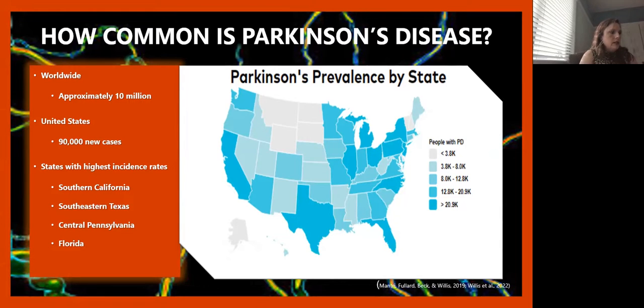Parkinson's disease incidence is higher in males compared to females of all ages. The rates are also higher in what's called the Rust Belt, which includes Southern California, southeastern Texas, central Pennsylvania, and Florida, where a lot of the heavy industrial manufacturing has been.